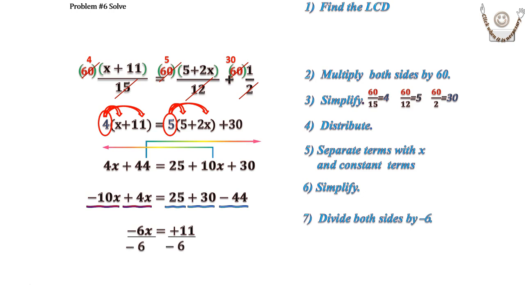And now negative 6 divided by negative 6 would be positive 1x, or just x, and positive 11 divided by negative 6 would be negative 11 over 6, or you can use a mixed number, negative 1 and 5 over 6.